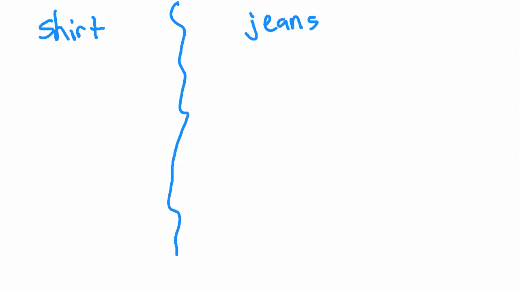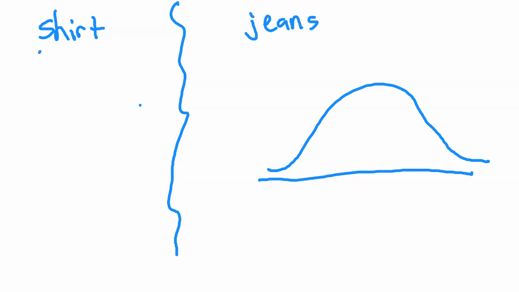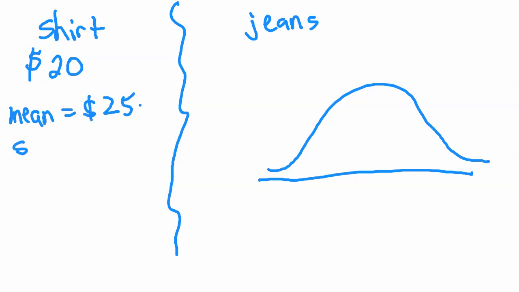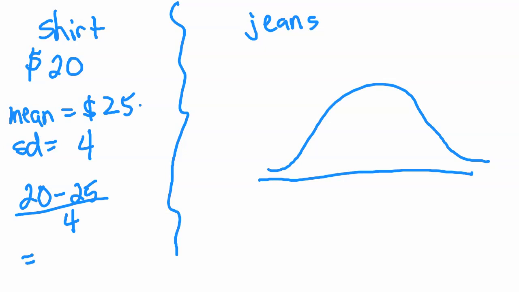No. Okay, we didn't go that far. All we did was get the z-score that went with the cost. So suppose the shirt cost $20 and the mean cost is 25 and the standard deviation is 4, then the z-score for that shirt would be the shirt cost minus the mean divided by the standard deviation, which would be, in this case, a negative 5/4.